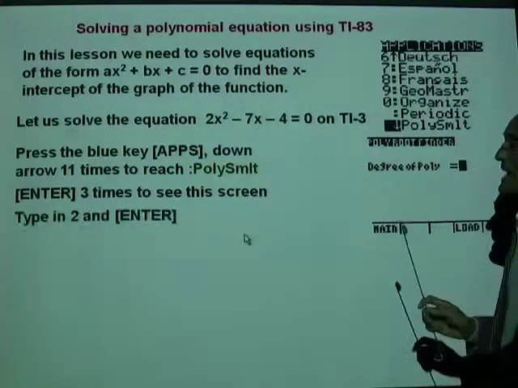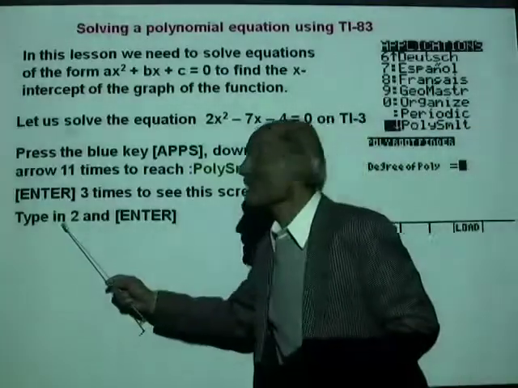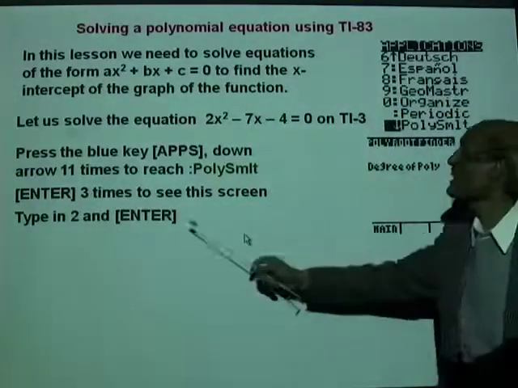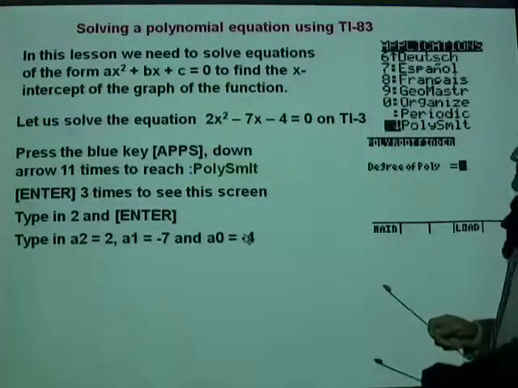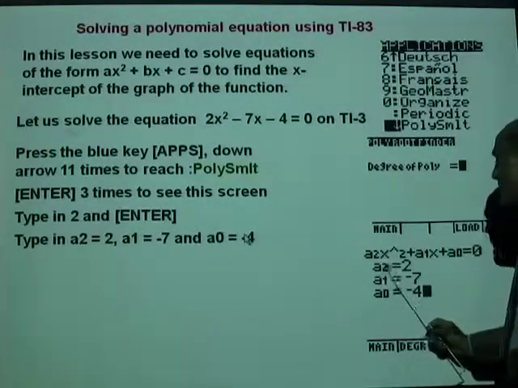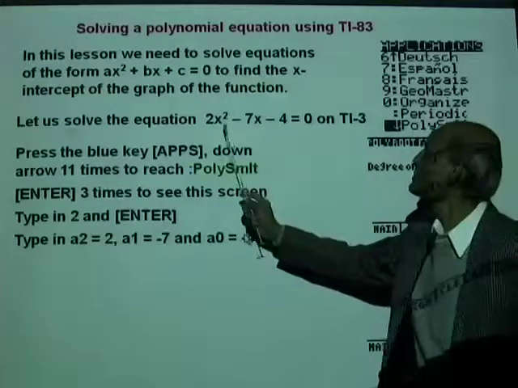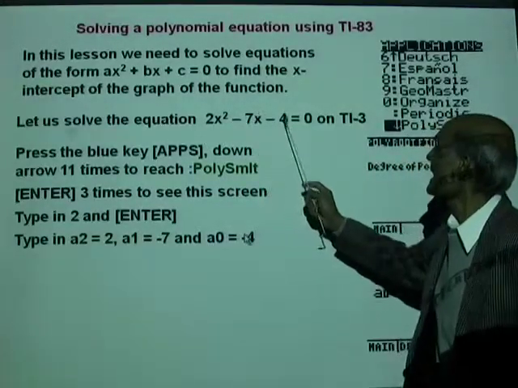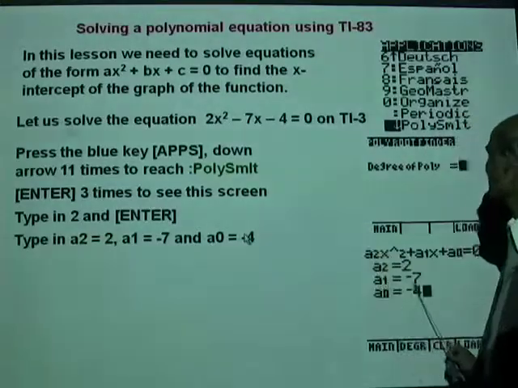Now, what is the degree of the polynomial? Our degree of the polynomial is 2. So type in 2 and enter. Then in the screen that comes in, type in A2 equal to 2, A1 equal to -7, A0 equal to -4.